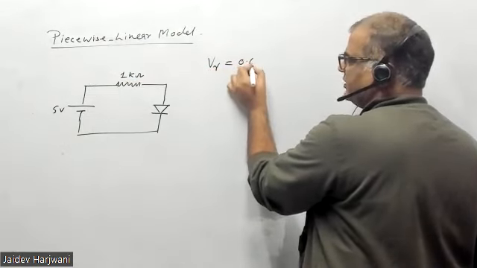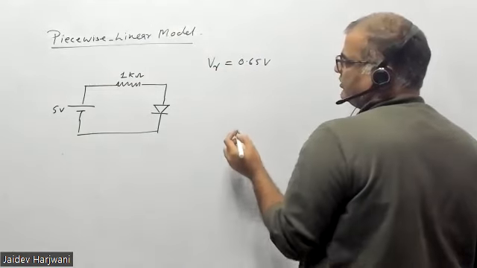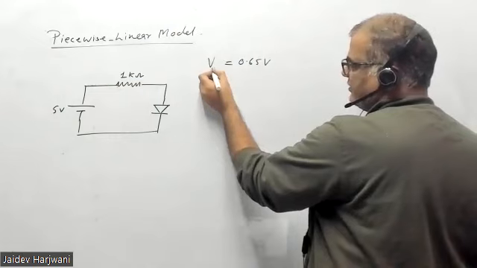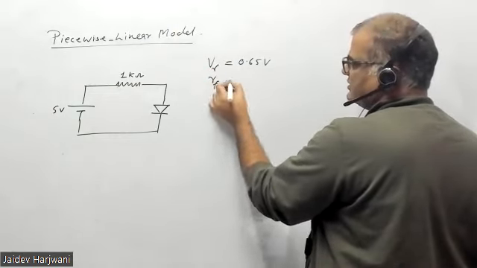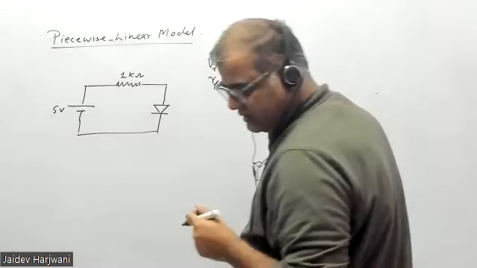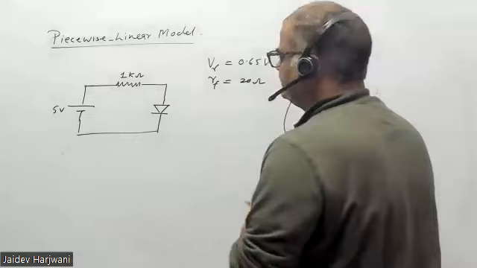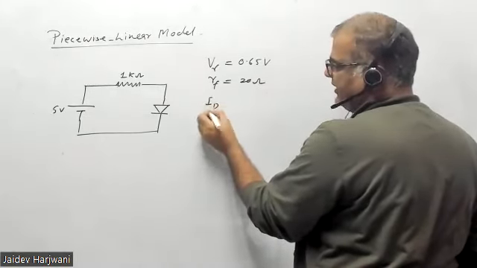This time it is 0.65 volt given in the question. Gamma, cutoff voltage. This is not R, this is not reverse, this is gamma. And forward resistance is also given as 20 ohm for this circuit.